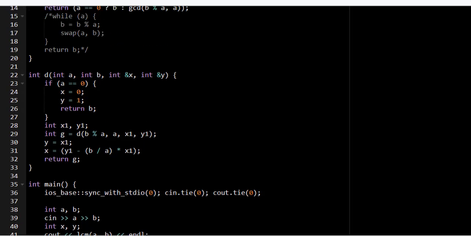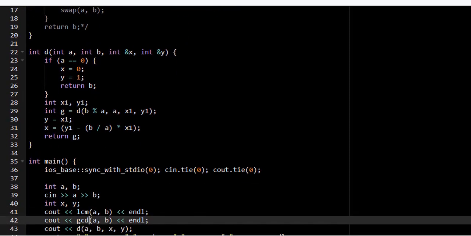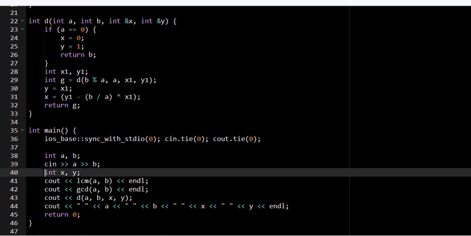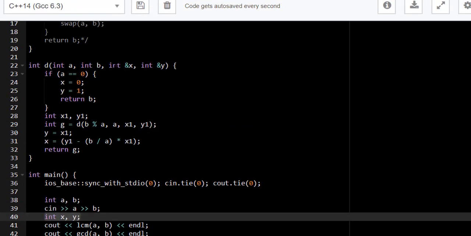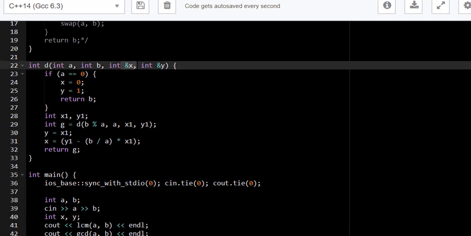Okay, now when you are finding x and y, well, we just have to apply the formula. Okay, so we have these variables x and y in the main function, and we're going to pass them to the function as references, so we can modify their values inside the function.